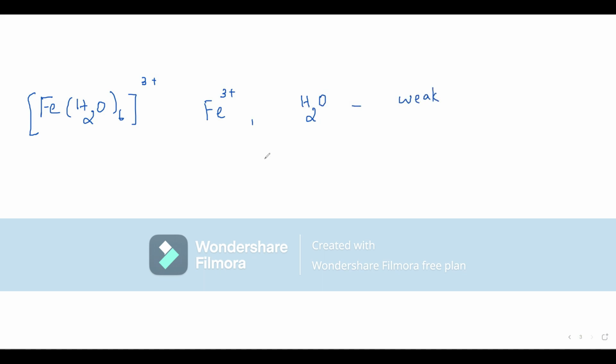This is also a high spin or highly paramagnetic complex, and the hybridization is sp3d2. So that is all regarding d2sp3 and sp3d2, that is octahedral complexes.